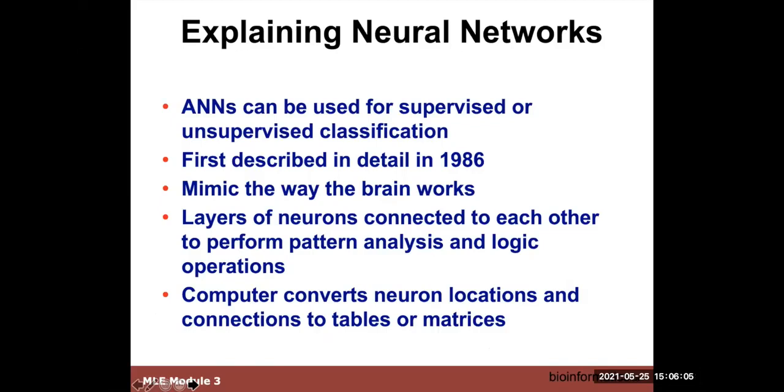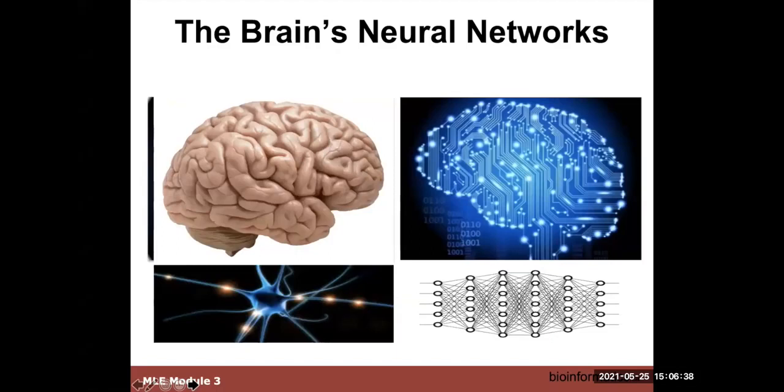Now, to simulate a brain, we actually don't create chips and put wires from chip to chip. What the computer does is it just converts the neuron locations and connections to basically tables or arrays or matrices. So all those connections that we saw in that diagram with nodes and edges just become numbers and positions in an array. So this keeps it sort of mathematical or virtual, and that makes it obviously a lot easier to code.